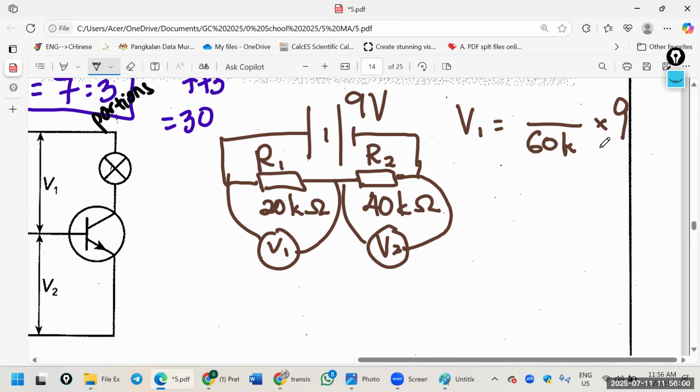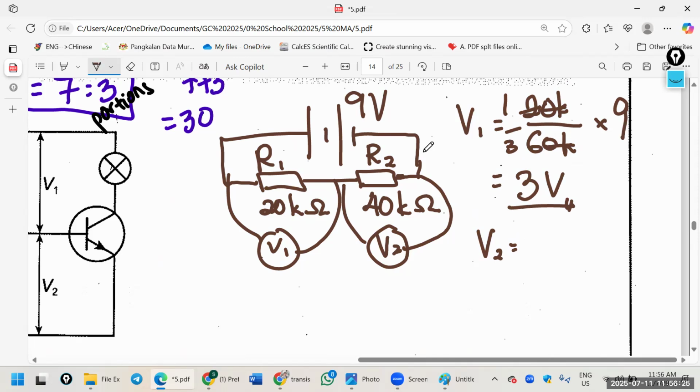K stands for kilo, 1,000, alright? How much should I put on top? 20K. Then of course we can delete that, then we can simplify that. So the answer is 3. What is B2?